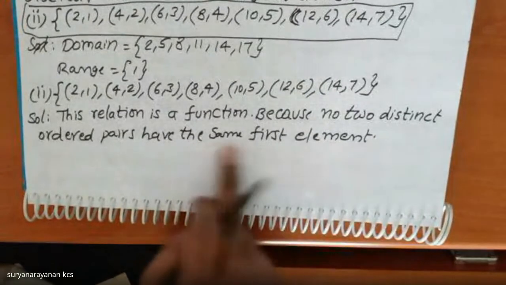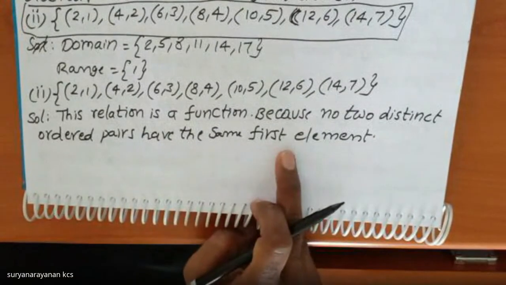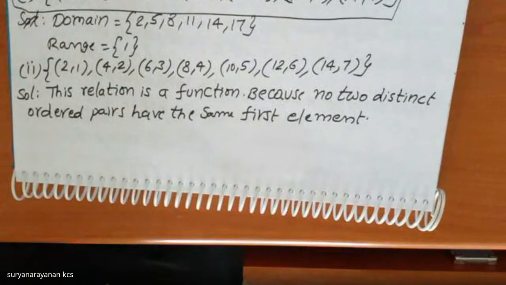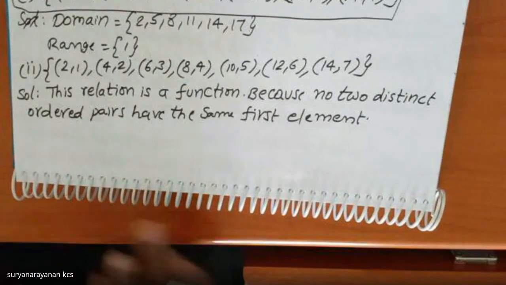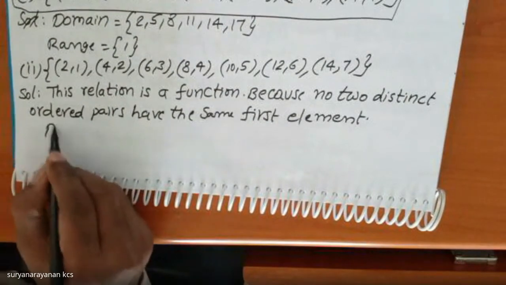This is the condition to be satisfied by a relation. Then the relation is said to be a function. Otherwise, it is not said to be a function. Then what is the domain of this function?